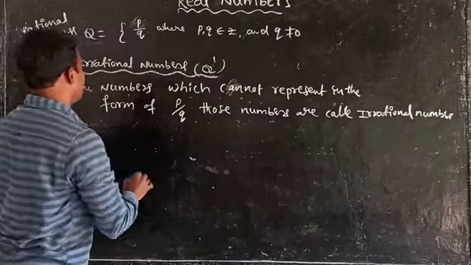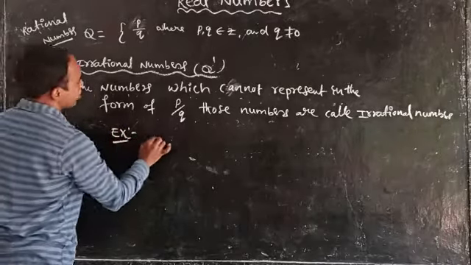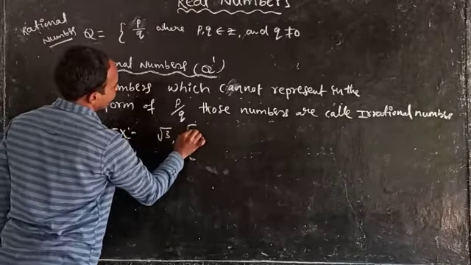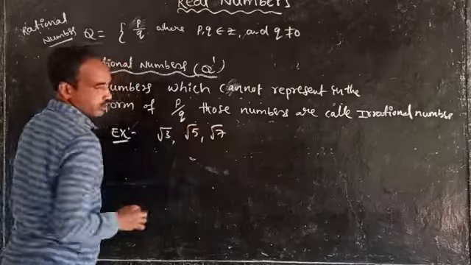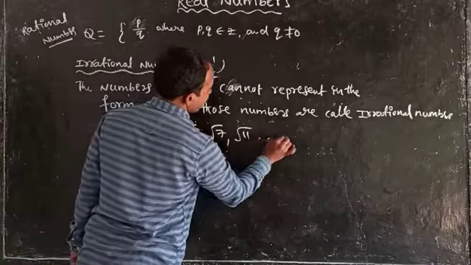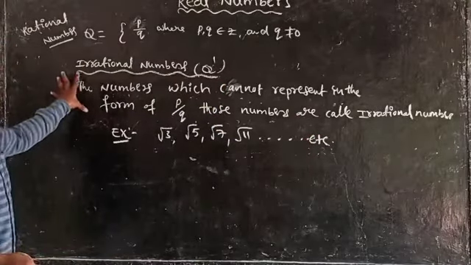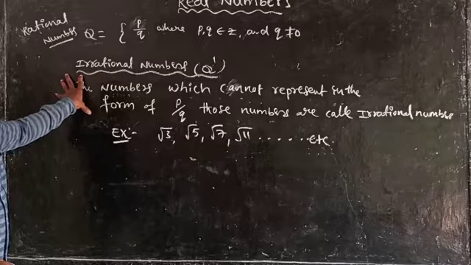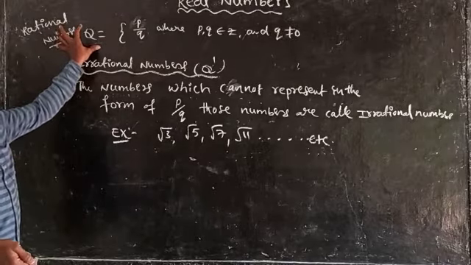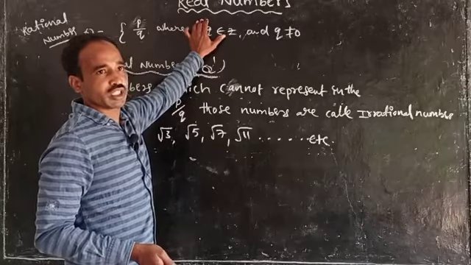For example, root 3, root 5, root 7, root 11, etc. These are the root numbers. These are called irrational numbers. Remember once again, our chapter is real numbers, the first chapter in 10th class mathematics.